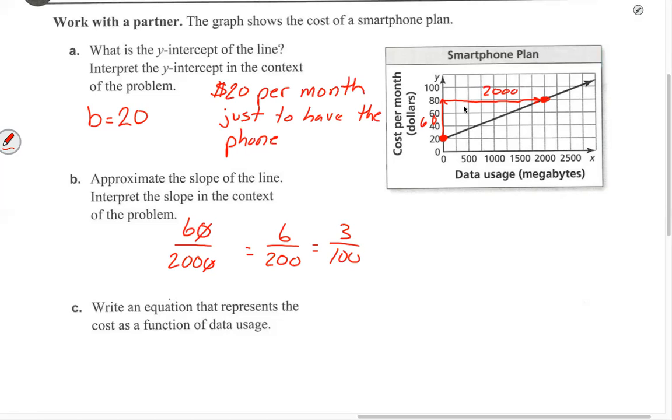So now it says, interpret what the slope means. Sophie, are you okay with that? Do you see how I got that? Yeah. Now, what does the 3 over 100 mean? Do you have any idea?